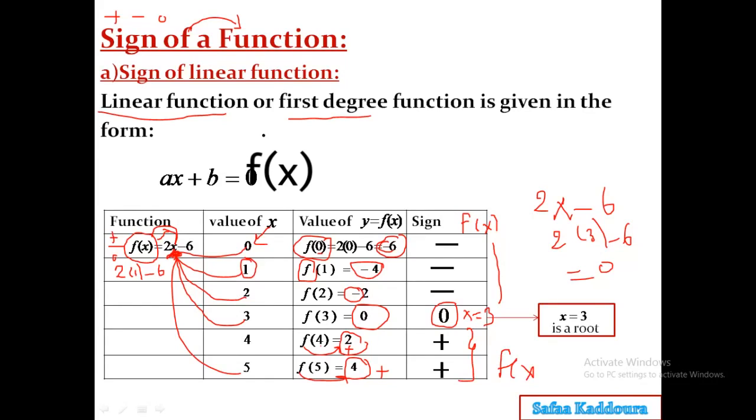Here f of x is positive, and here f of x is negative. The dividing point between them was x equal 3, which is the root.